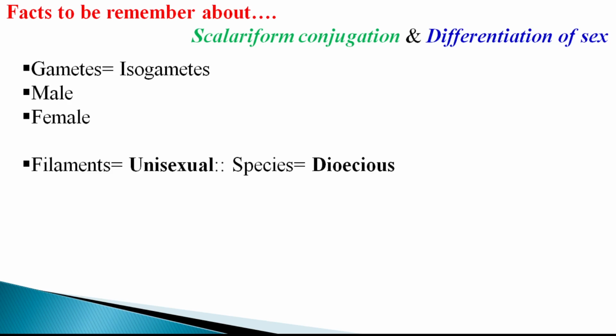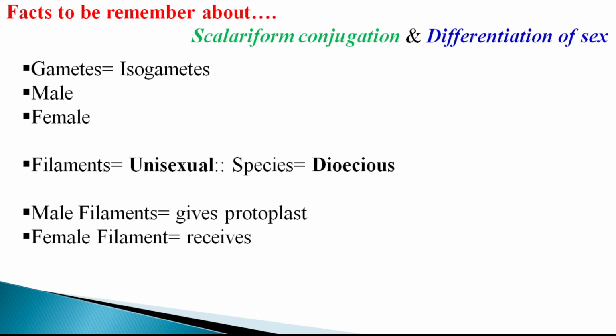So despite this slight distinction of sex during sexual reproduction in Spirogyra, the sex of Spirogyra is generally considered as isogamous, because no other visible differentiations have been recorded in terms of gametes, and in fact in terms of the conjugating filament also.